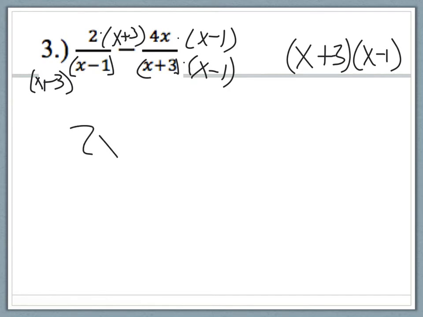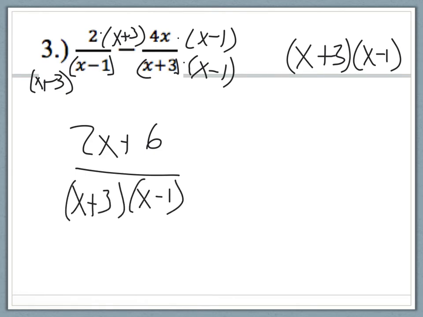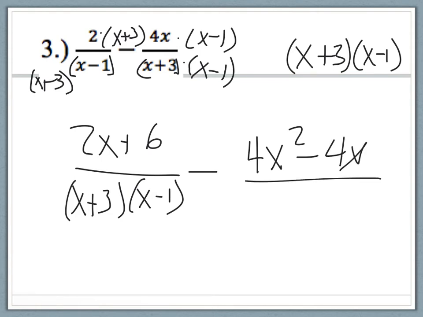This is going to be 2x plus 6 over x plus 3, x minus 1, then minus 4x squared minus 4x all over x plus 3, x minus 1.